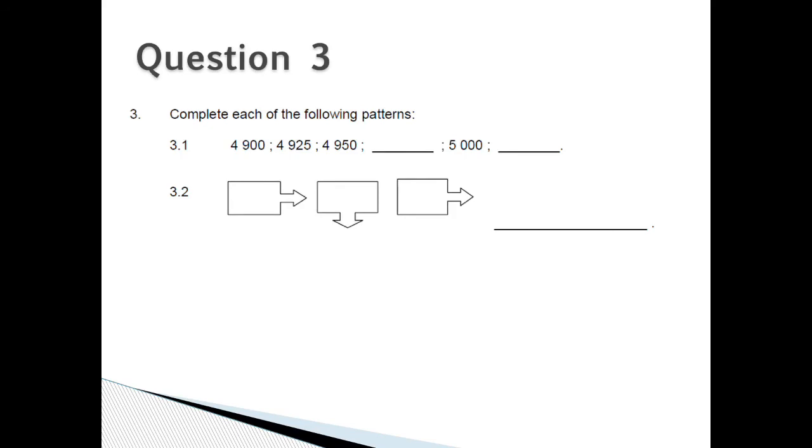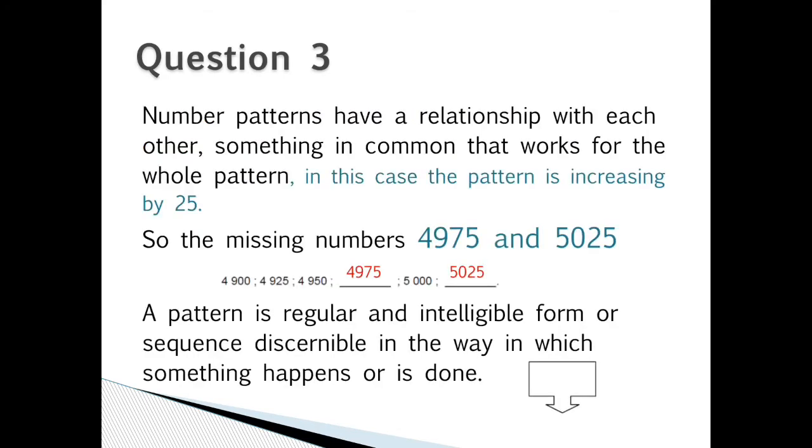Complete each of the following patterns: 4,900, 4,925, 4,950, space, 5,000, space, and 3.2, a box with an arrow going straight forward, a box with an arrow going down, and a box with an arrow going straight forward. Number patterns have a relationship with each other, something in common that works for the whole pattern.